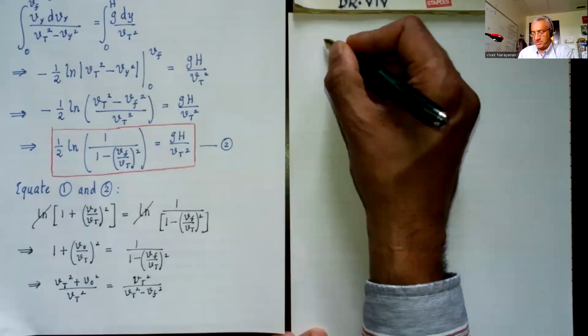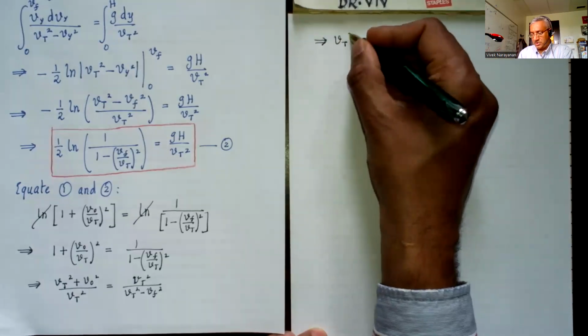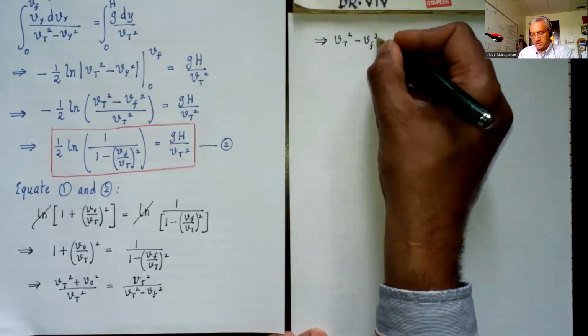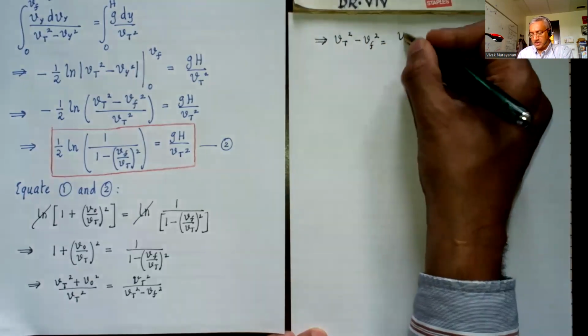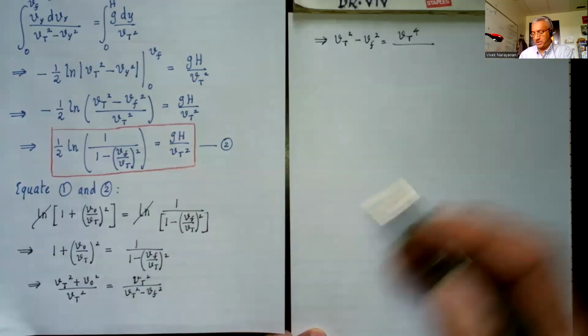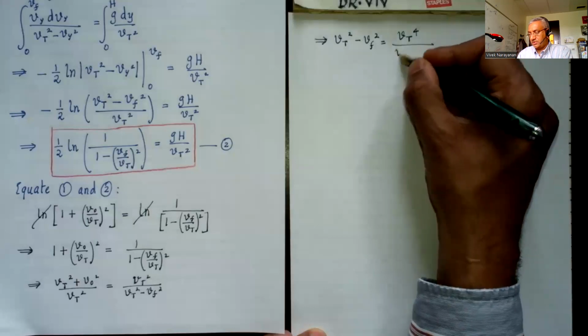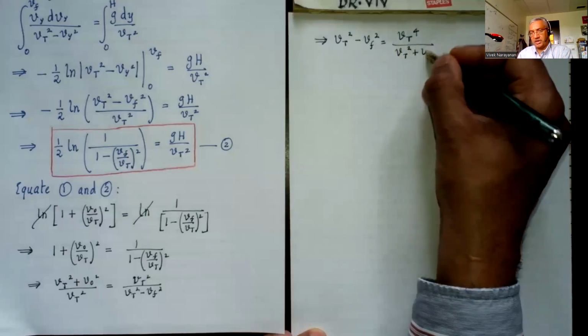Okay, so let me do that. vt squared minus vf squared is equal to vt to the power 4, because that's vt squared times vt squared, divided by this stuff which has gone down, vt squared plus v naught squared.